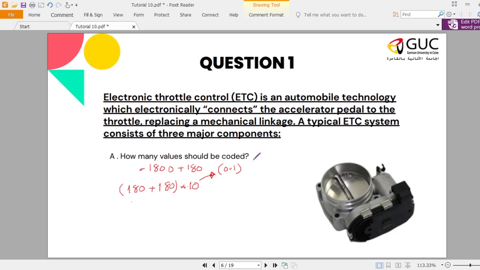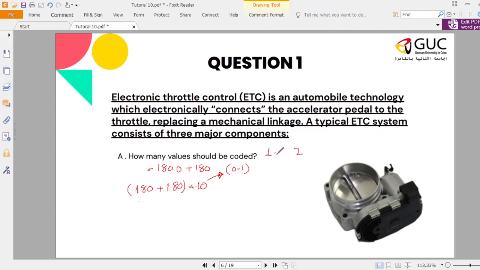Because 0.1 represents that we have a step of 0.1, meaning that if we want to step from 1 to 2, we will have to go 1.0, 1.1, 1.2, 1.3 up until 1.9. So if we count these values, we will have 10. So between each whole value and the other, we have a range of 10.